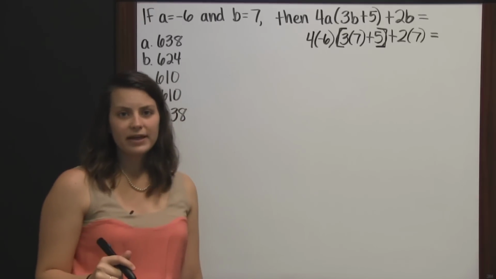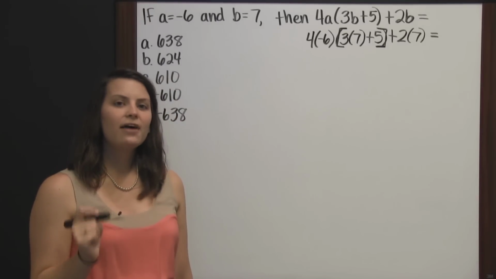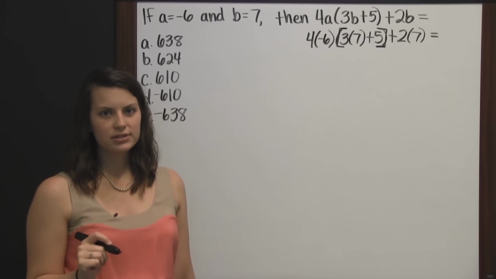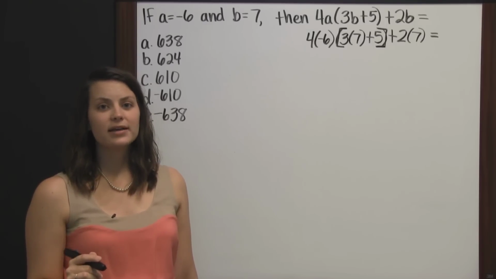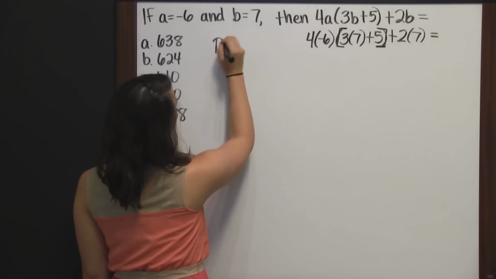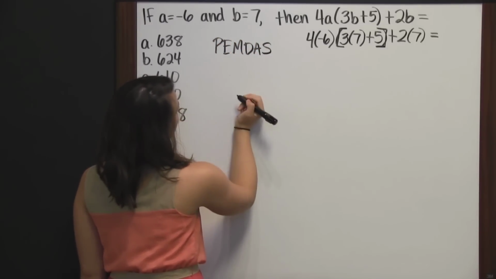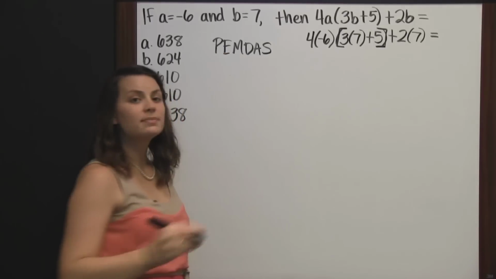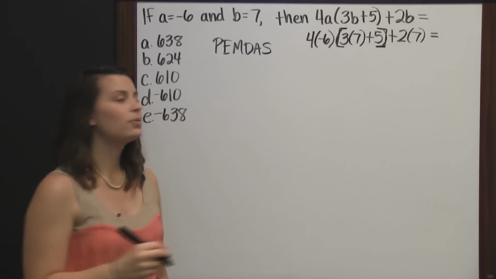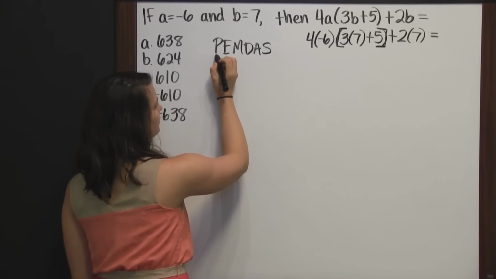So in order to simplify this expression, we have to follow the order of operations, sometimes referred to as PEMDAS. I'm going to write that over here just so we have it to refer to, which is that we first always must simplify inside our parentheses first.